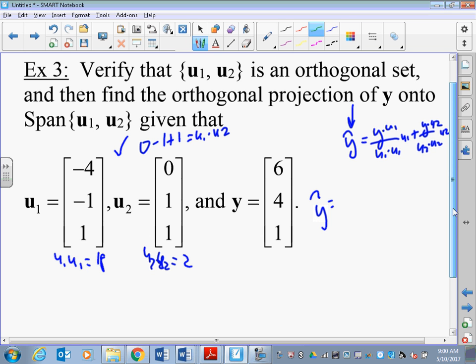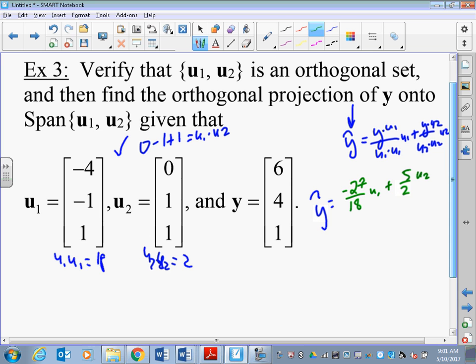So what is y dotted with U1 over U1 dotted with U1? What does that give you? We got negative 27 over 18 U1, and that obviously reduces to negative 3 halves. And this is going to give you 5 over 2. I already gave you the U2. So there are going to be some fractions in there, but when you add them together, you don't get fractions.